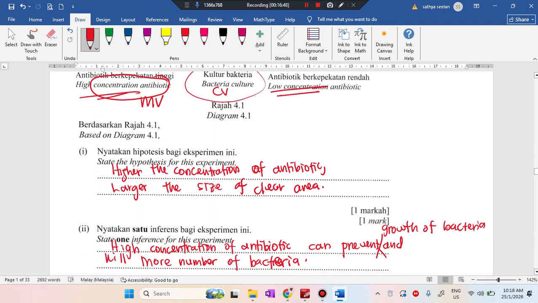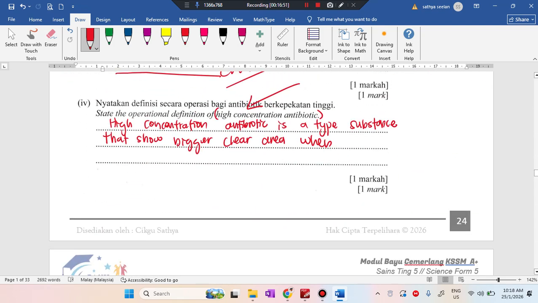are left over lah. They never give us time, so we no need to do lah. So when agar-agar nutrient and bacteria culture is placed on a petri dish.